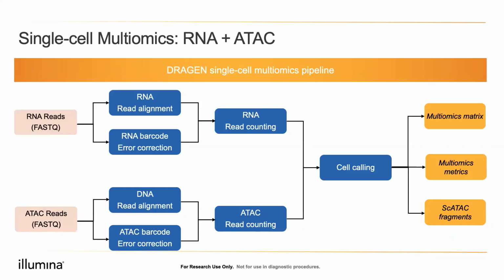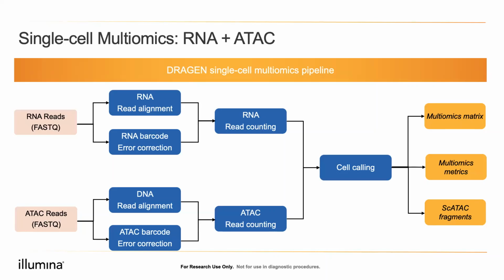As mentioned, the RNA single cell workflow takes in RNA FASTQ reads, performs RNA read alignment, RNA barcode error correction, and does the RNA read counting, which then feeds into the cell calling. On the ATAC side, you do your DNA read alignment, your ATAC barcode error correction, and then ATAC read counting, which then also feeds into the cell calling.